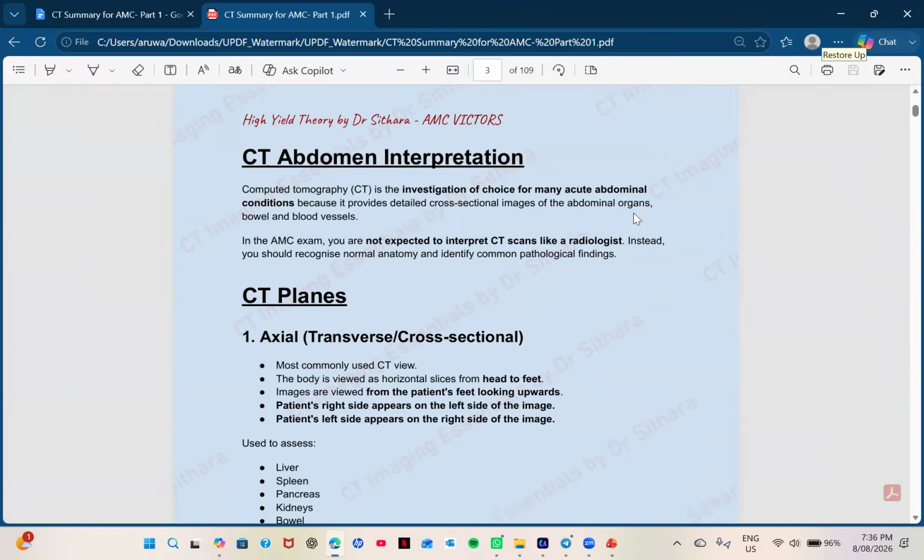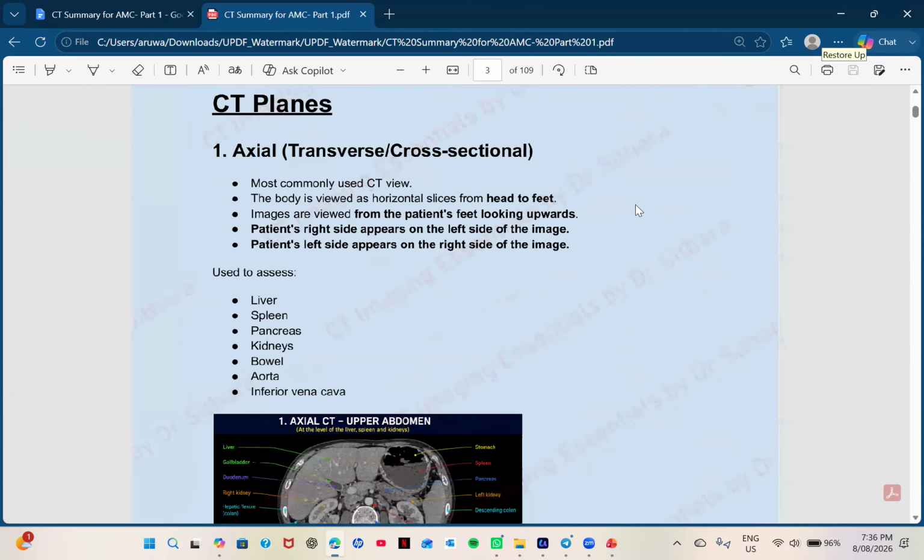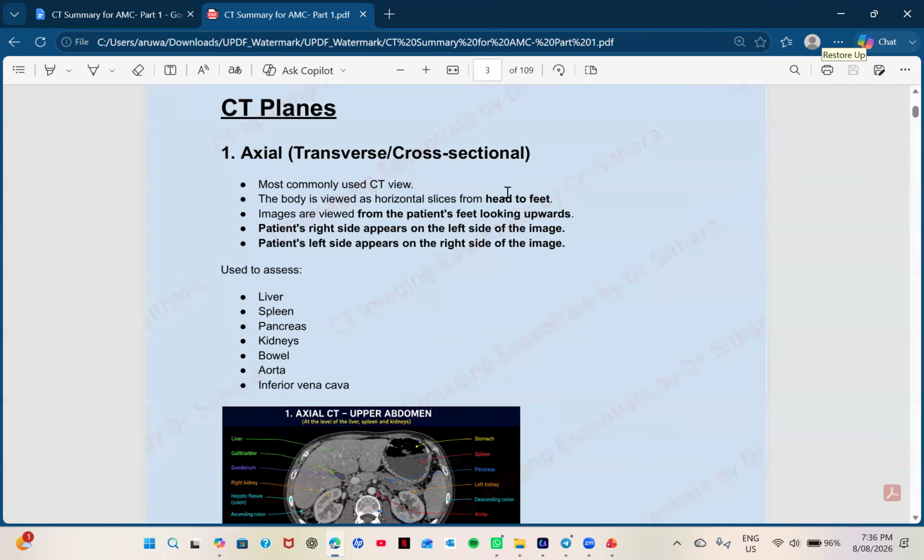Okay. So before starting the CT, I will tell you about the three different phases we have when considering contrast CT, right? Arterial phase, portal venous phase, and delayed phase. So what is the arterial phase? That means early, just after we give the IV contrast, right?